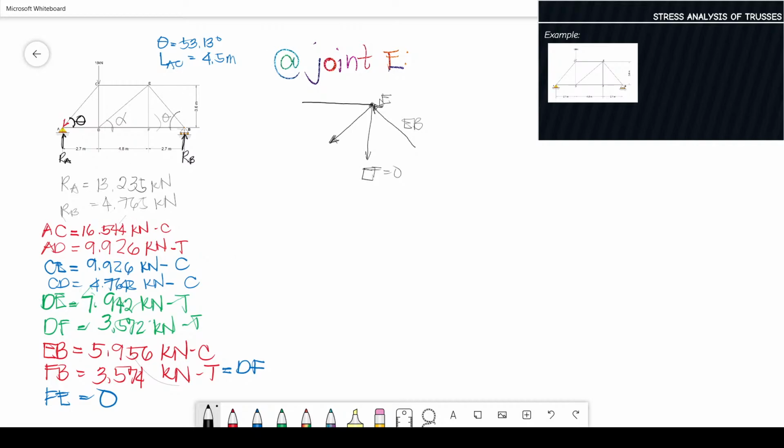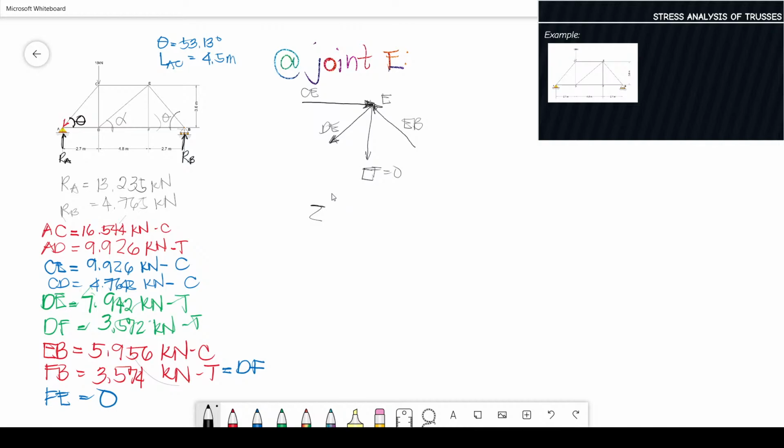Then, CE is compression. Okay. This is CE. This is DE. EF. Okay, based on this free body, so we can have summation of forces.